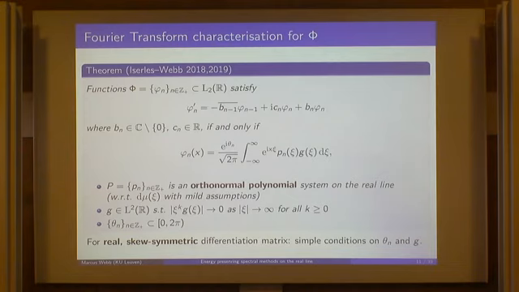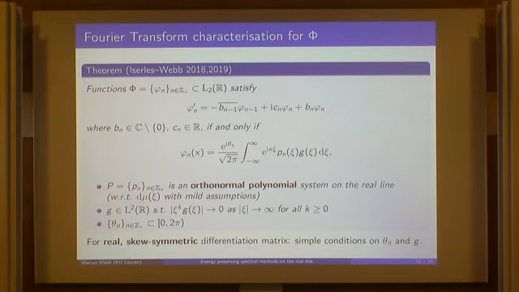And actually, we found some characterization. A basis of functions in L2 on the real line satisfies this tridiagonal skew Hermitian differentiation relation if and only if your functions are the Fourier transform of some orthonormal polynomials, Pn, where there are some mild assumptions on the measure with respect to which they're orthogonal.